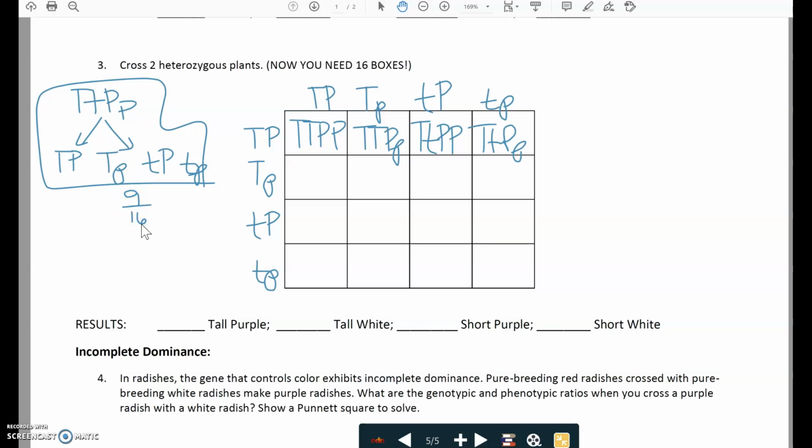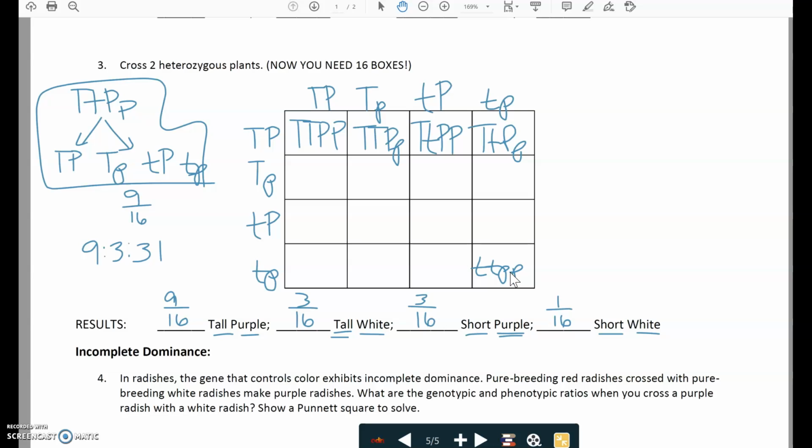You're going to get, it's called a 9:3:3:1 ratio. You're going to get 9/16 showing both dominant traits. You're going to get 3/16 showing dominant for the first one and recessive for the second one. You're going to get 3/16 recessive for the first trait, dominant for the second one, and 1/16 recessive for both. That's actually going to be this box right here.